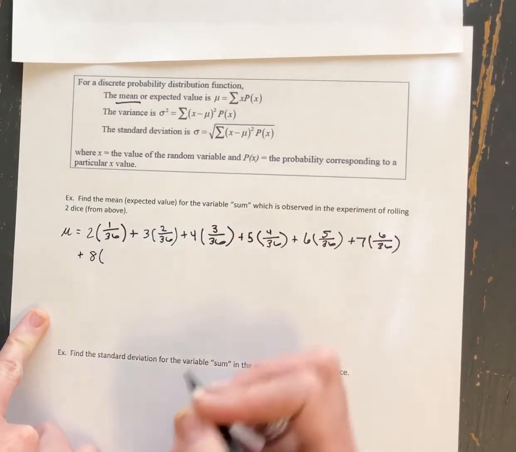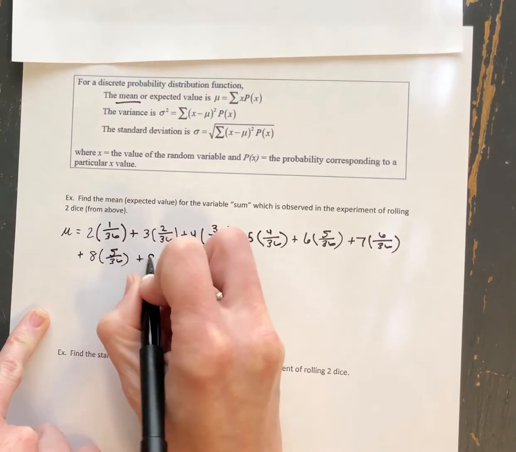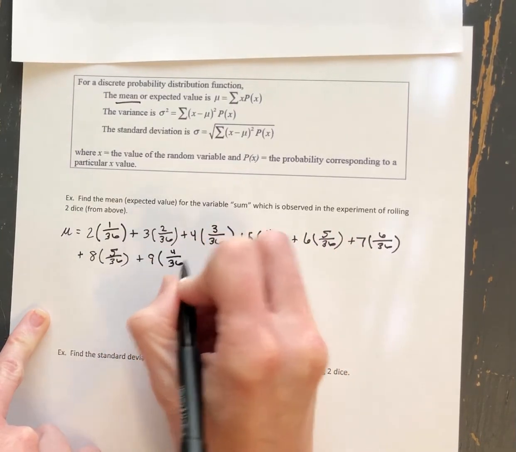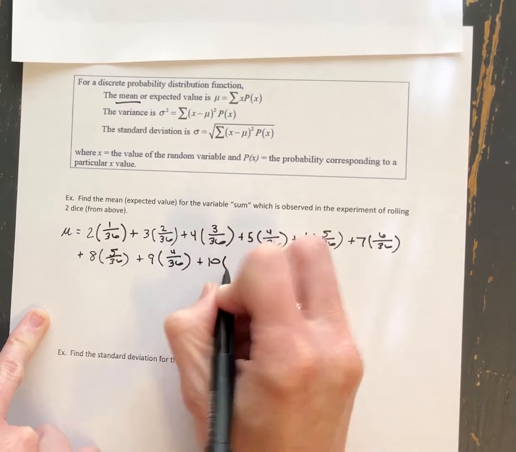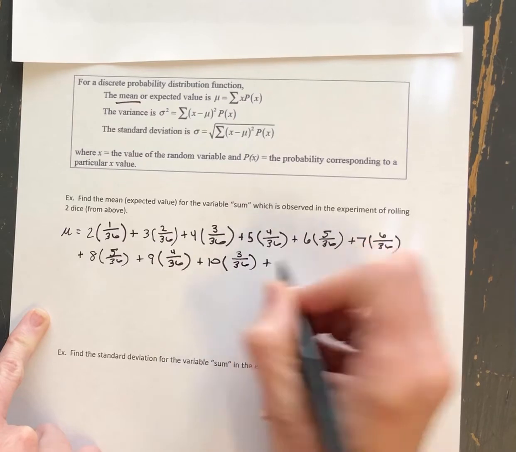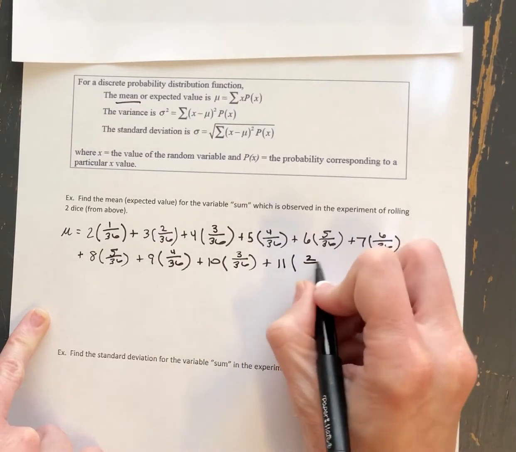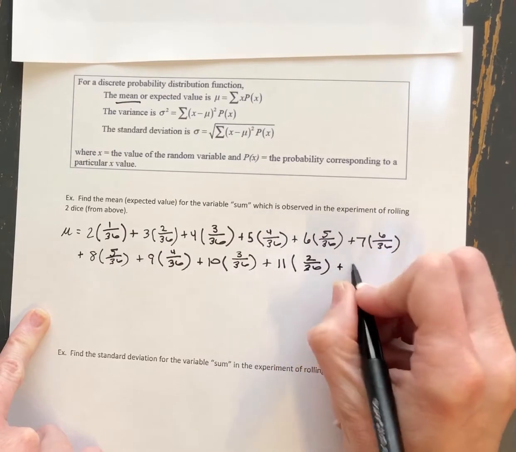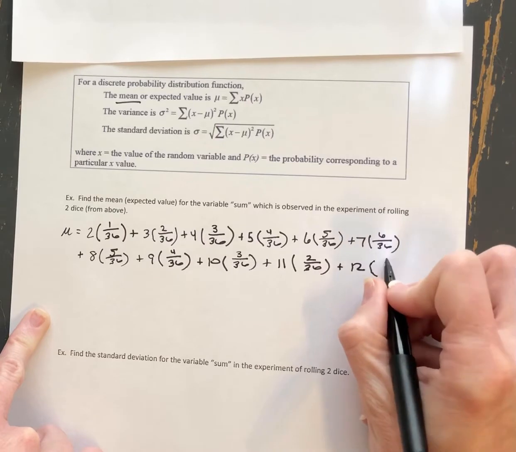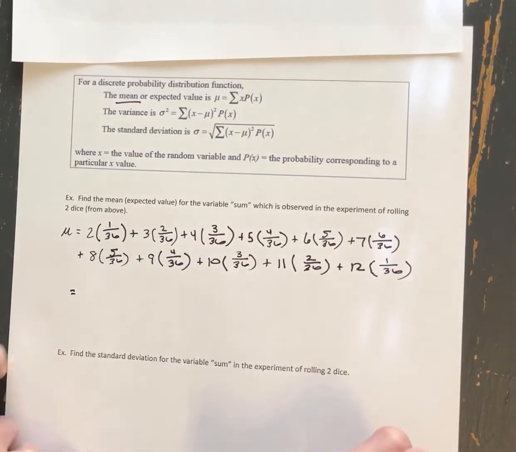A sum of 8 had a probability of 5 out of 36. A sum of 9 had a probability of 4 out of 36. A sum of 10 had a probability of 3 out of 36. A sum of 11 had a probability of 2 out of 36. And finally, a sum of 12 had a probability of 1 out of 36. So again, I know that's a lot.